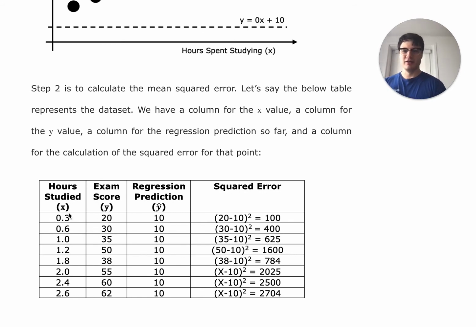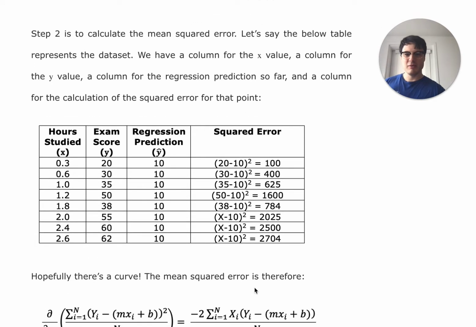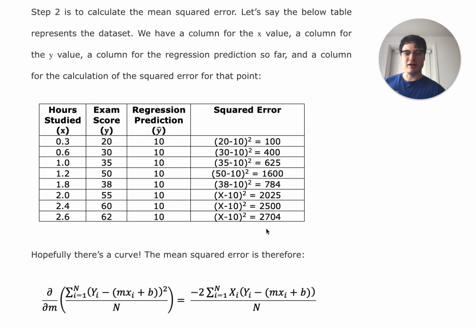We have the input x, the true value, and the predicted value with our initial line, y equals 0x plus 10. And given our initial predictions and the true values, we can calculate the mean squared error by first calculating the squared error for every data point, as we see here, and then finally calculating the mean of these points.